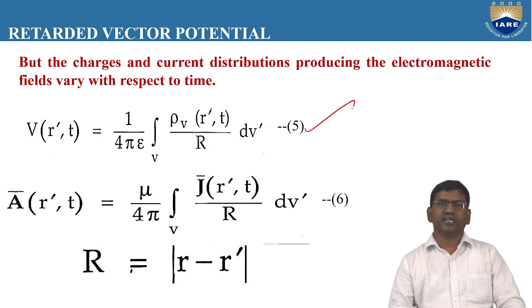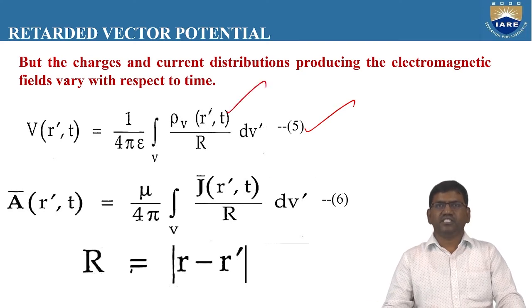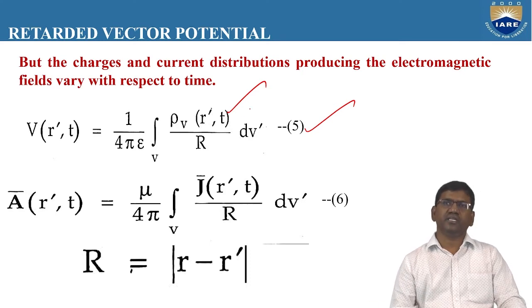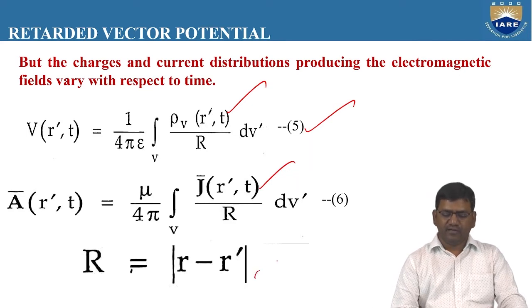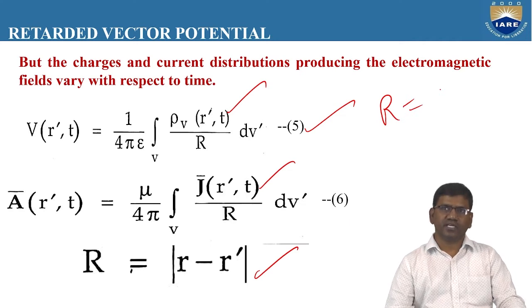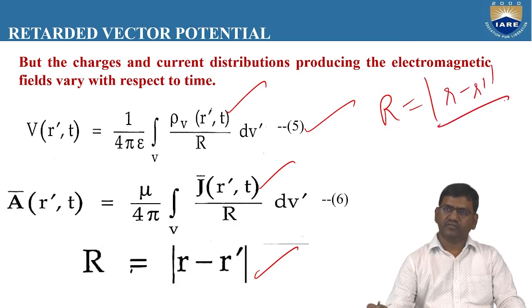See here, we have modified the expressions. That means we have modified the electric scalar potential and the magnetic vector potential by including T. As these fields vary with respect to time, we are including the time parameter in the numerator, R dash comma T. And just now I told you that R indicates the distance of propagation from the source to the distant point P, given by R minus R dash, the unit vector.